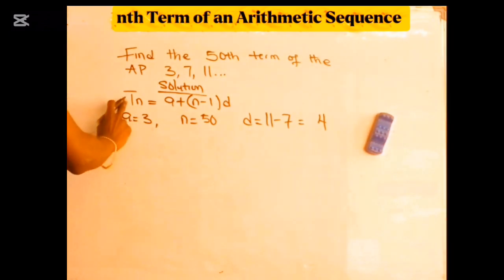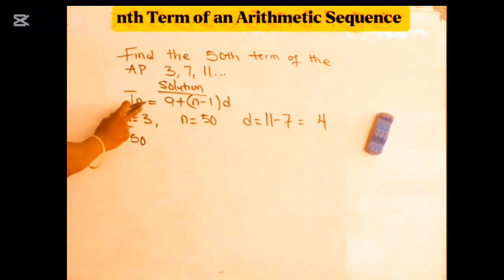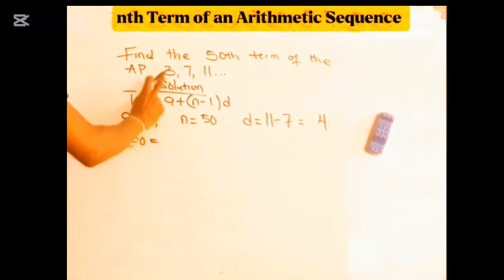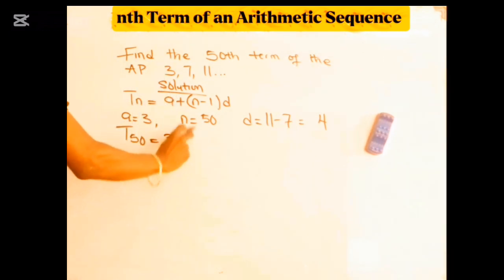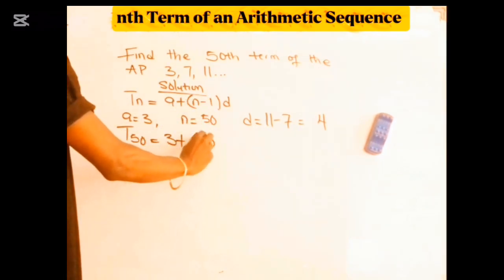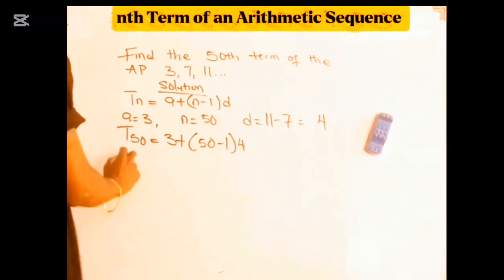Therefore, inputting into this formula, we'll now say T50, as for Tn, because the nth term is 50, is equal to A, which is 3, plus open bracket n, which is 50, minus 1, then close bracket, times 4.